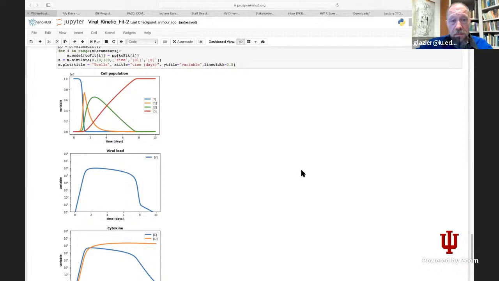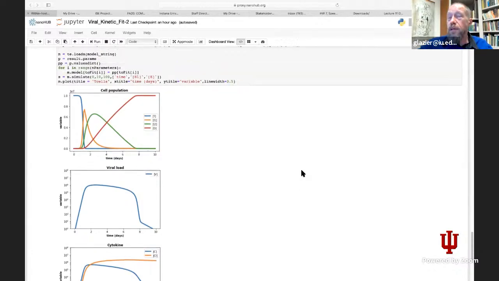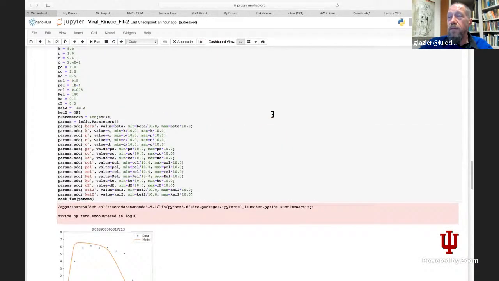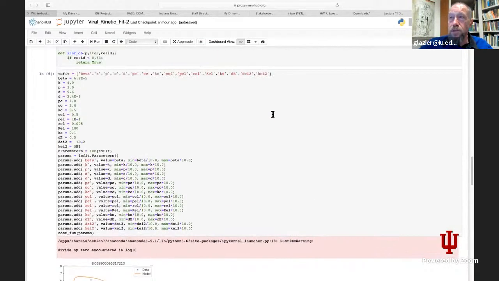If you scroll up to the box before the fit, in box number 6, if you multiply and divide these parameter values and then re-execute this, it'll give you a plot of the viral load versus time, and also the number of uninfected and dead cells. So by hand, quickly in number 6, you can play around with the parameters.